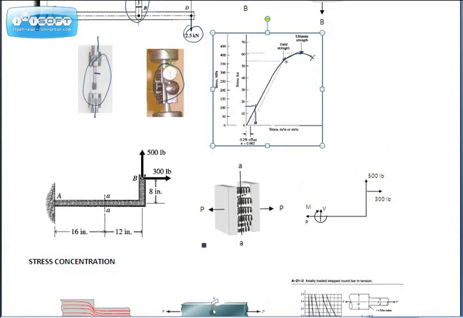The loading conditions aren't always that simple. Sometimes you have a structure that has multiple types of loading on it. As an example, if we look at this structure and take a similar element out of cross-section AA, if you do the statics on it, you'll find that that cross-section is not only carrying our axial loading, but also bending and shear.